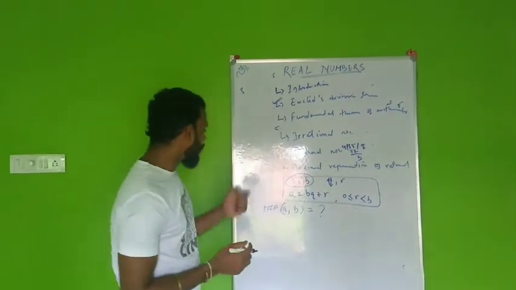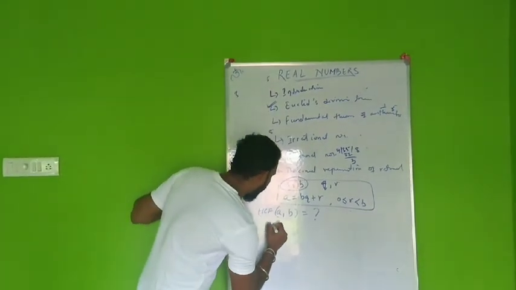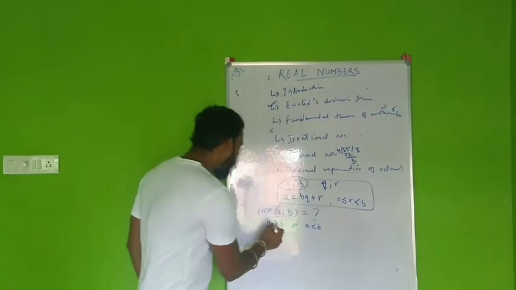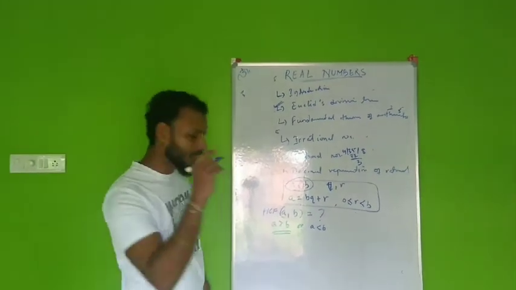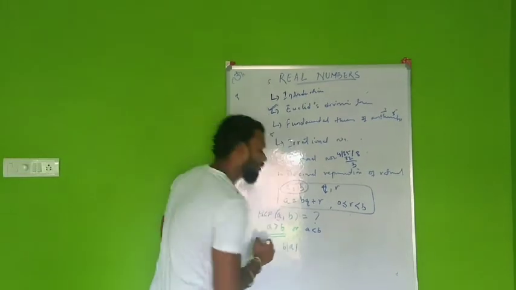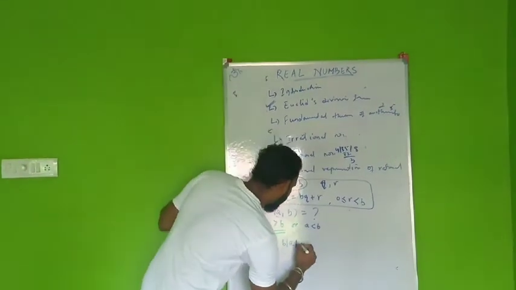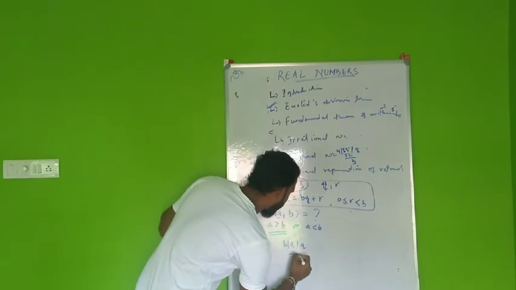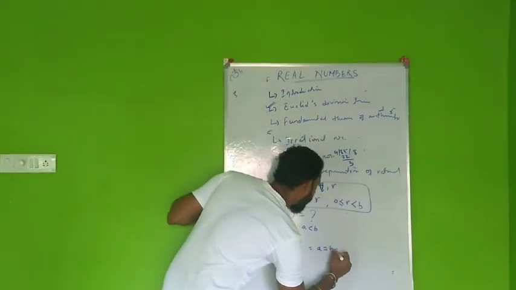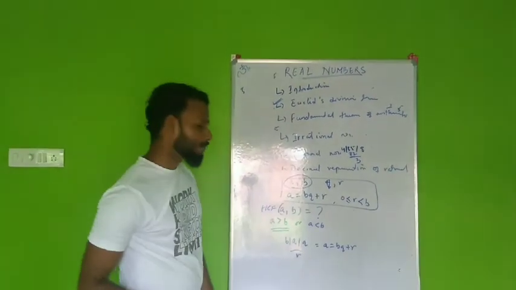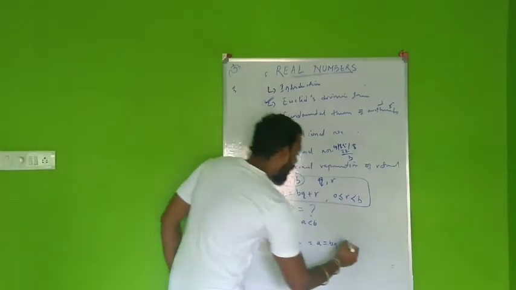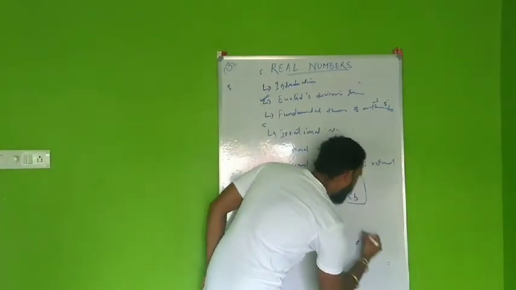Let us first see whether a is greater than b or a is less than b. Suppose a is greater than b. Then I will divide a by b so that I get a quotient q and a remainder r. That means I can write a equals bq plus r. Next, what is the possibility for r? The possibility for r is between 0 and b.